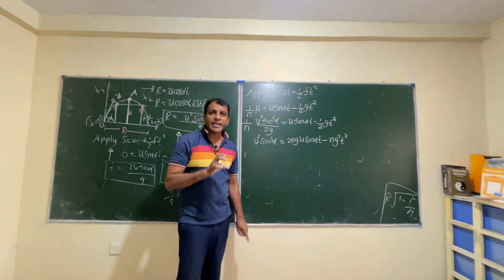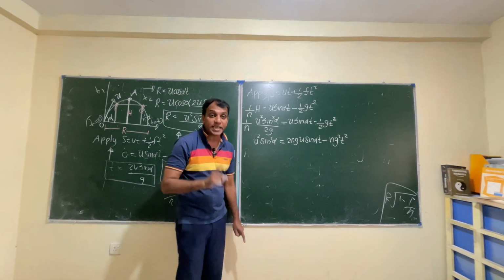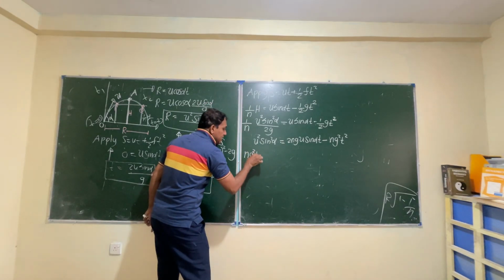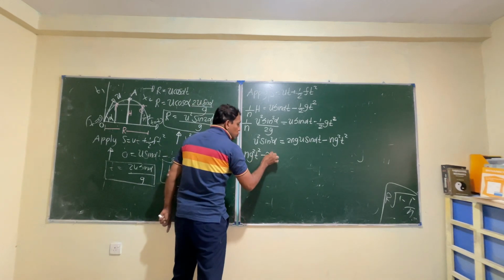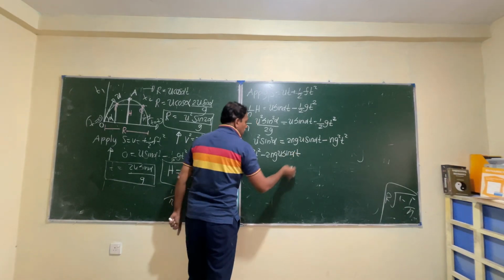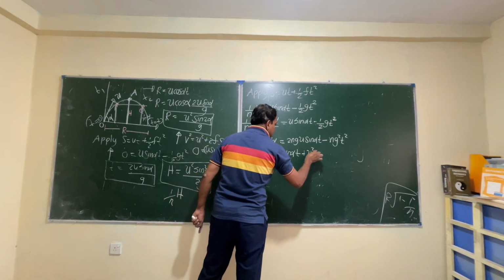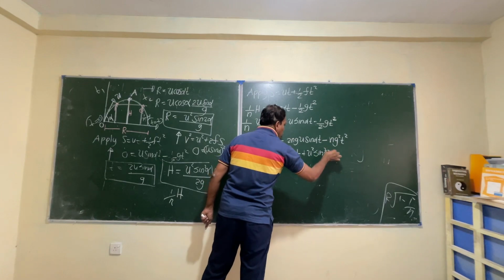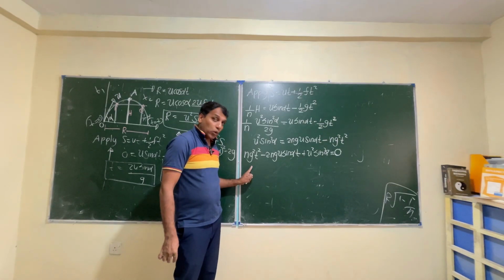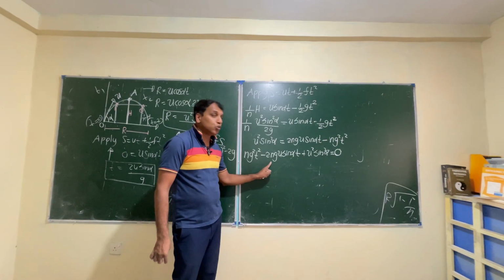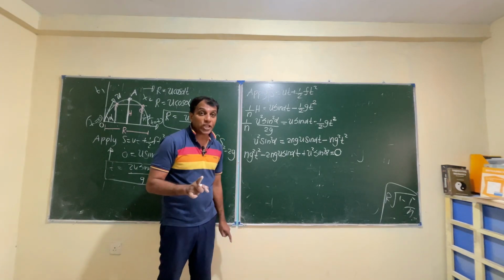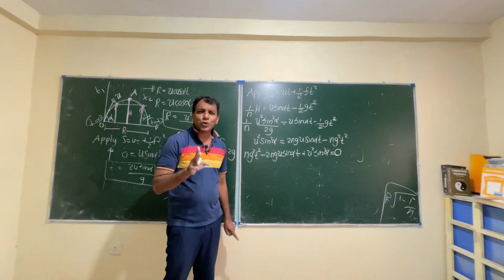Now rearrange into a nice quadratic equation in t: ng square t square minus 2ng u sin alpha into t plus u square sine square alpha equals 0. This is a quadratic equation in t, so t has two answers.